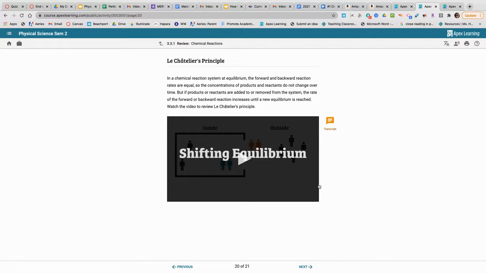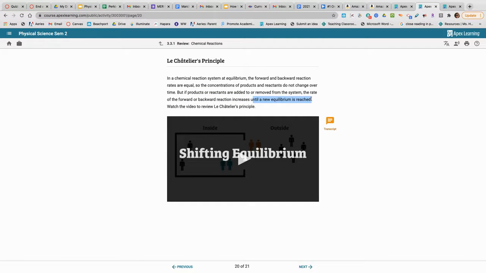Now you can shift this equilibrium in several different ways. This is called Le Chatelier's principle. In a chemical reaction, the forward and backward reaction rates are equal. But if products or reactants are added to or removed from the system, the rate of the forward and backward reaction changes until a new equilibrium is reached.